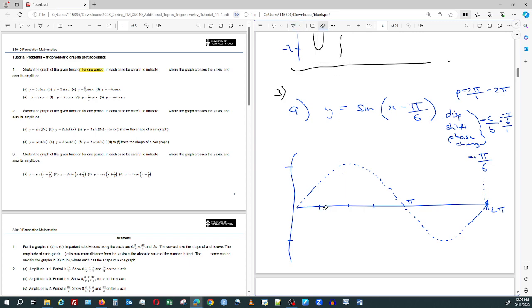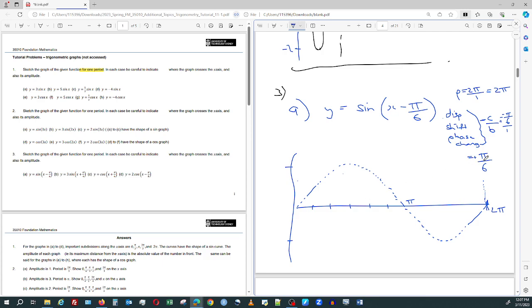So we need another strategy. How do we divide it up into 6s? Let's try thirds. Then divide those in half: 1, 2, 3, 4, 5, 6. It's a winner. So we've managed to put in pi on 6.